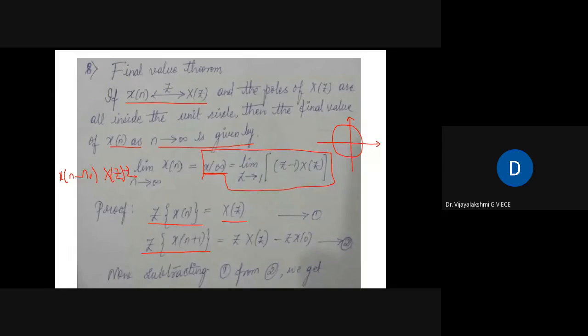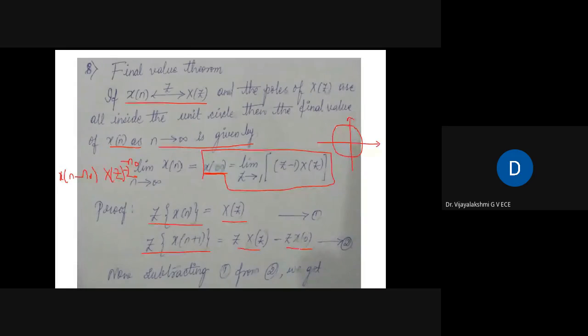If the signal is shifted by 1, I should have got x of z into z power 1. But along with this, I am also getting minus z into x of 0.